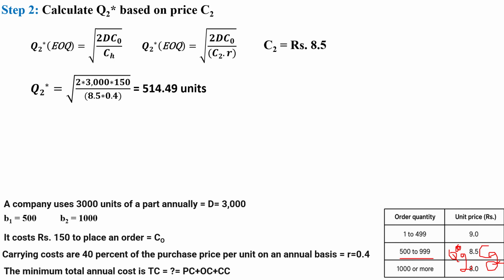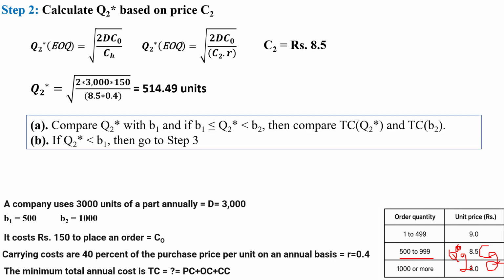Now we have to determine how much quantity to order, whether Q2 star or maybe 1000. Here also we have to check two conditions. Compare Q2 star with B1. If Q2 star lies between B1 and B2, which means B1 is less than or equal to Q2 star, which is less than B2, then compare the total cost for the Q2 star quantity and the total cost for the B2 quantity.